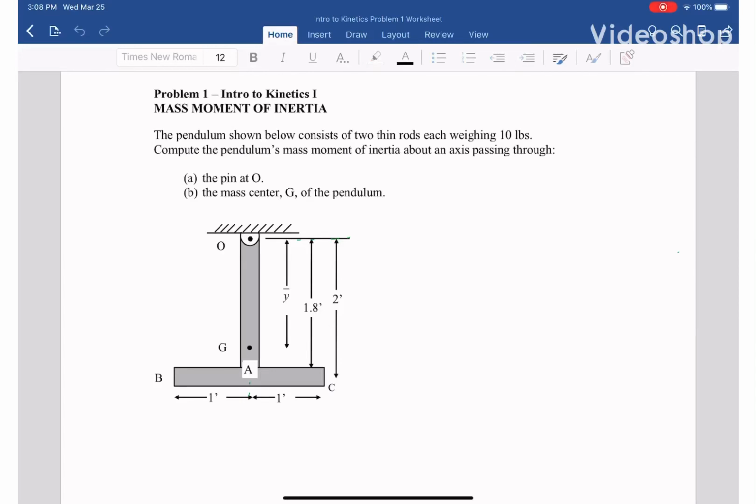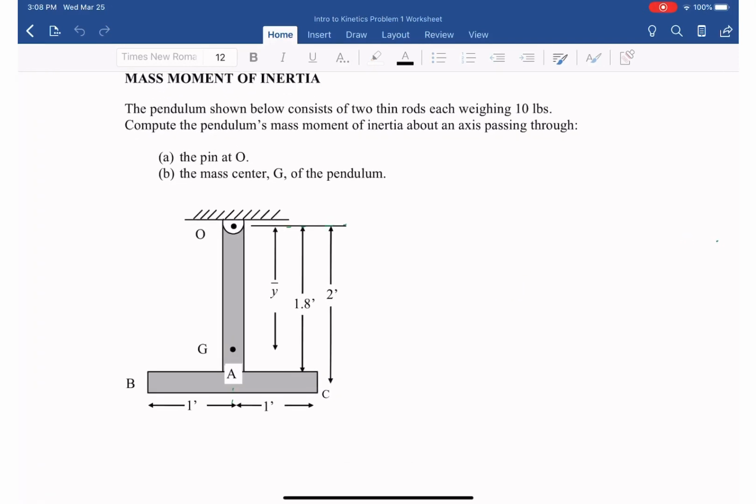So this is problem 1, intro to kinetics, and it's about the mass moment of inertia of a pendulum that has two thin rods. So it's a composite body with two thin rods, each weighing 10 pounds.